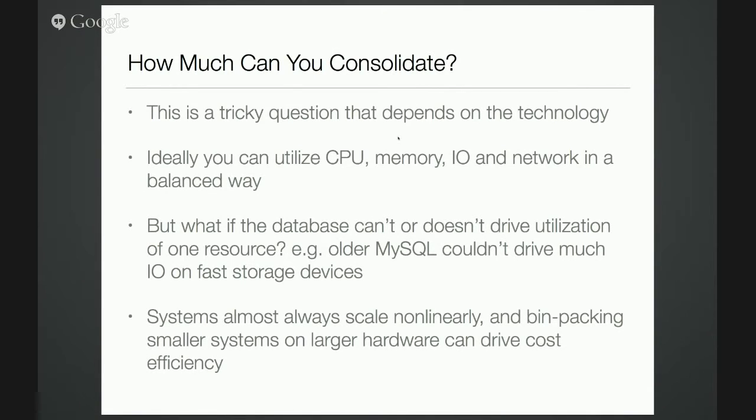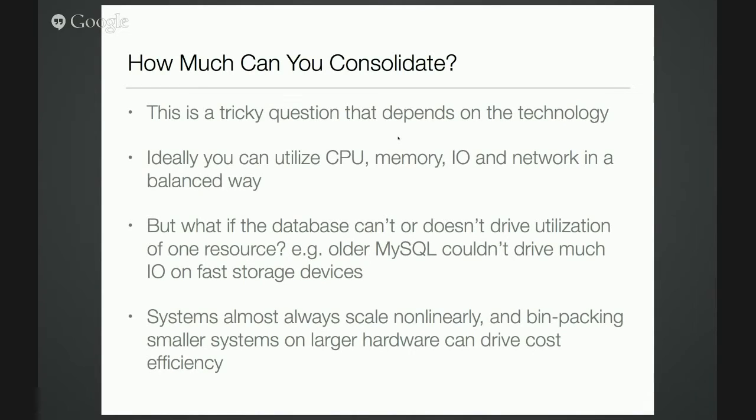There's another question. Even if you find that an instance is underutilized by all of the metrics and it really doesn't need to be separated to itself, how many servers or instances can you consolidate together? And this depends not only on the underlying hardware or virtual machine, but it also depends on the technology itself. In other words, MySQL or Postgres.